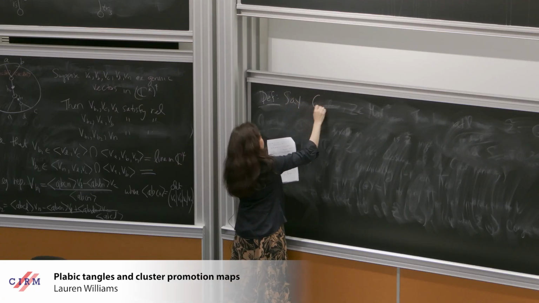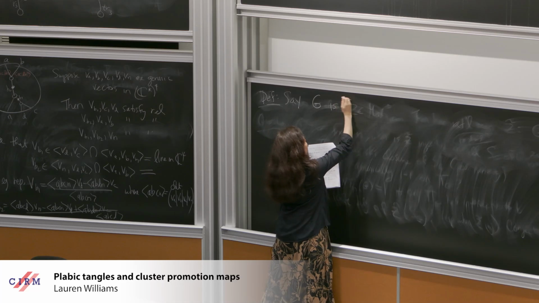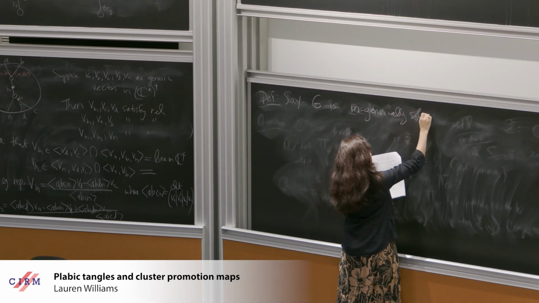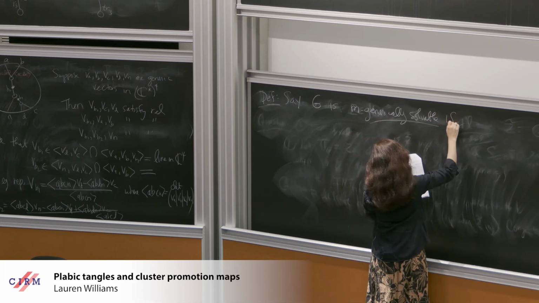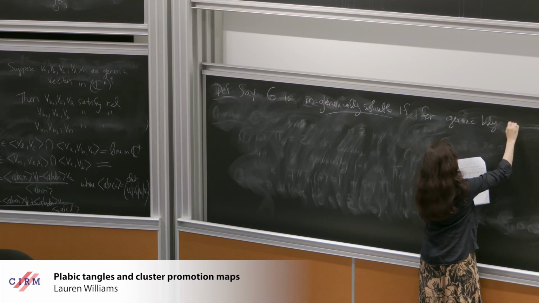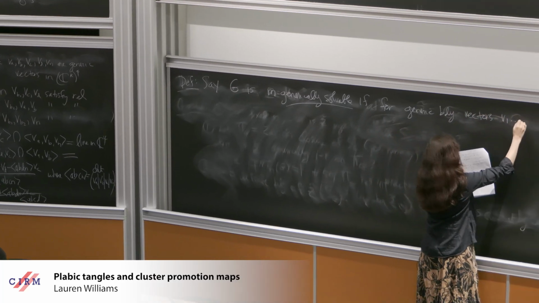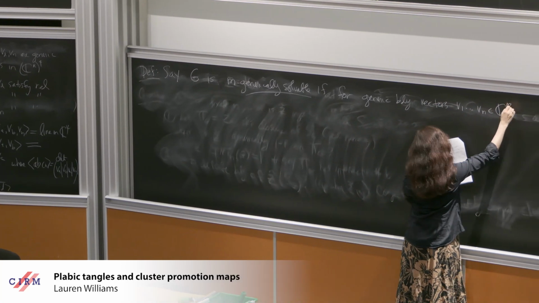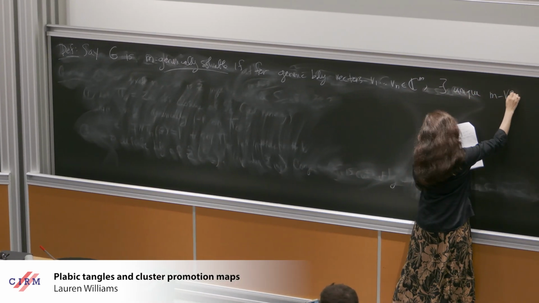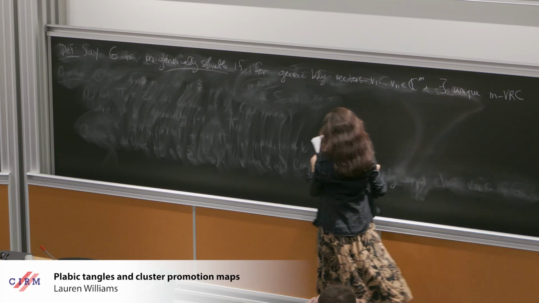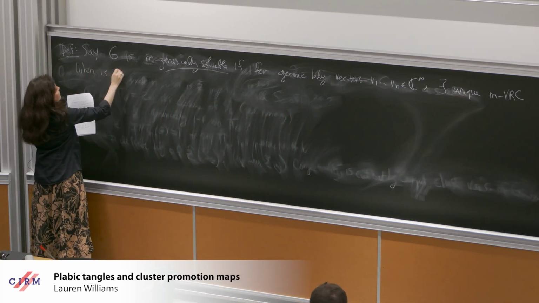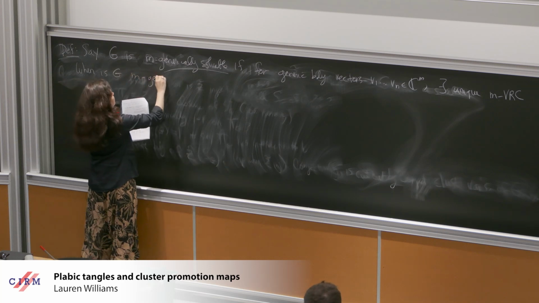So we will say that a Plabic graph G is M generically solvable if for generic boundary vectors v1 through vn in CM, there exists a unique M vector relation configuration up to gauge and GLM action.